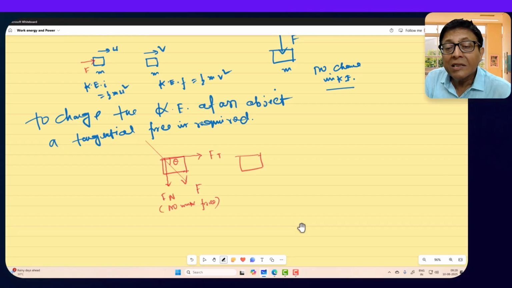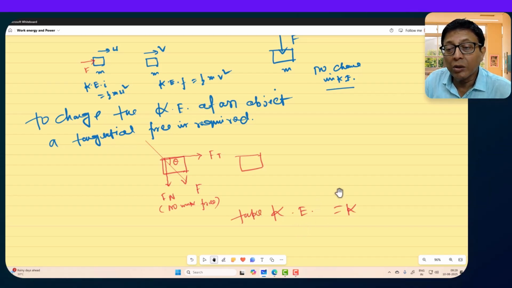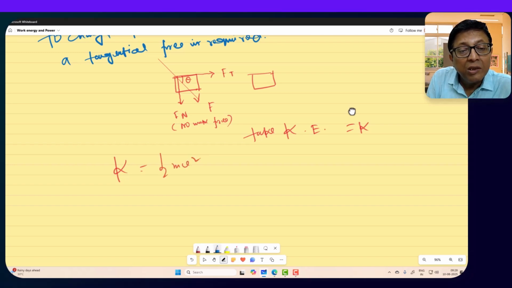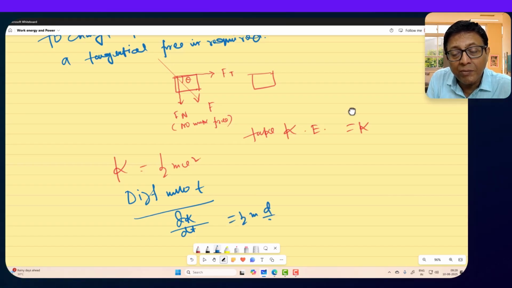Now, this kinetic energy expression, if we take kinetic energy equal to K, then K is half mv square, you know. Let us differentiate this expression with respect to t. What do I get? dK by dt equal to half m d/dt of v square.